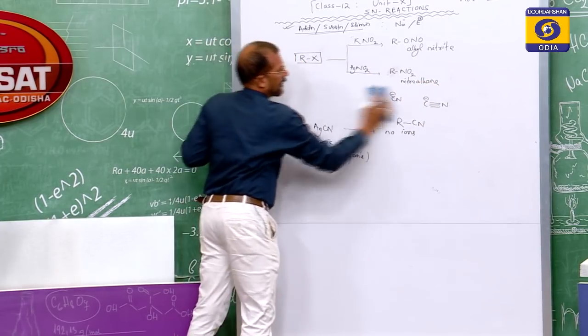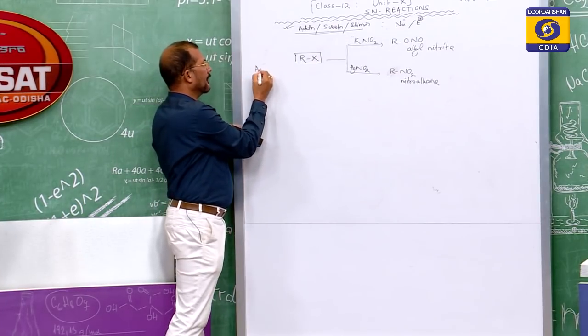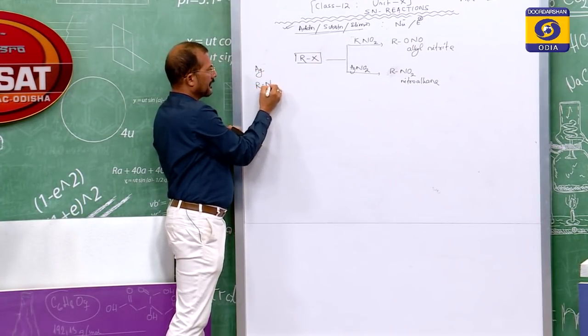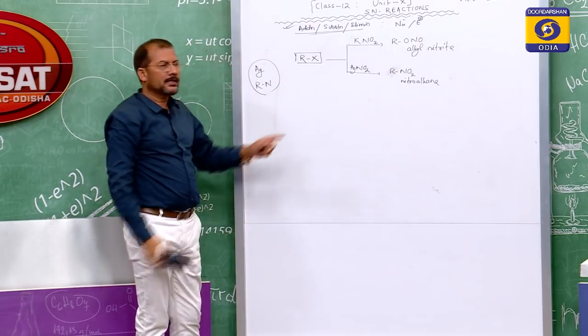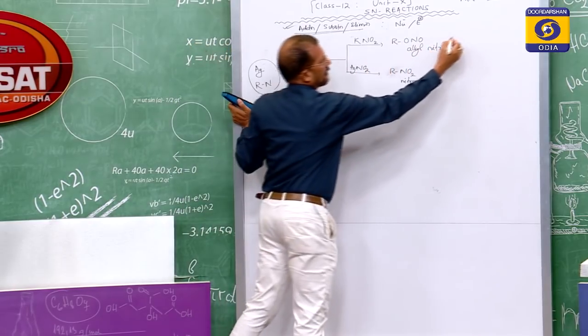Once again I will help you remember the trick. जहाँ जहाँ Ag वाला कंपाउंड होता है तो R के साथ N का बॉन्ड होता है, नहीं तो ये कंफ्यूजन हो जाएगा. So here let us understand why it is happening.